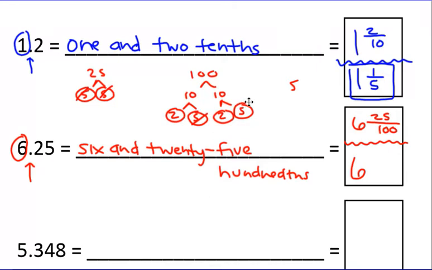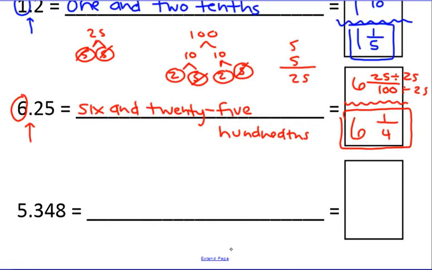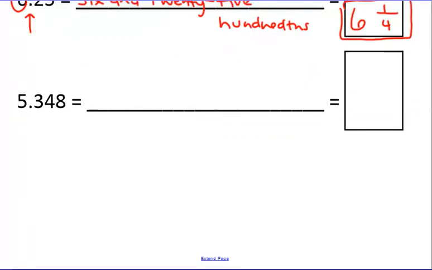And I have a 5 here and a 5 here. So 25. So 25 divided by 25 is 1. And 100 divided by 25 is 4. So 6 and 1/4.